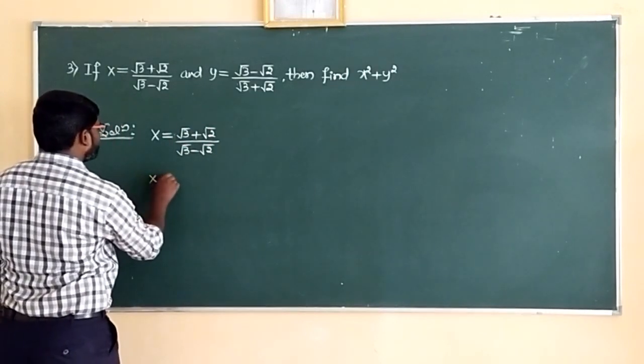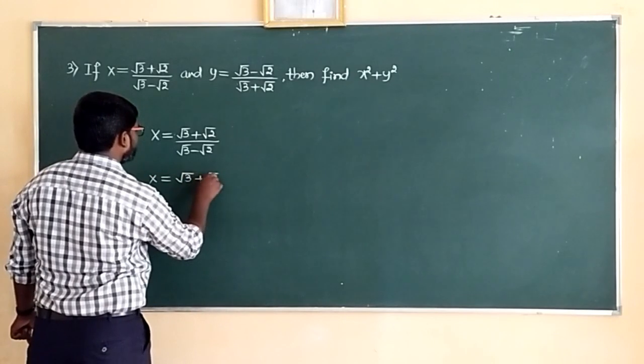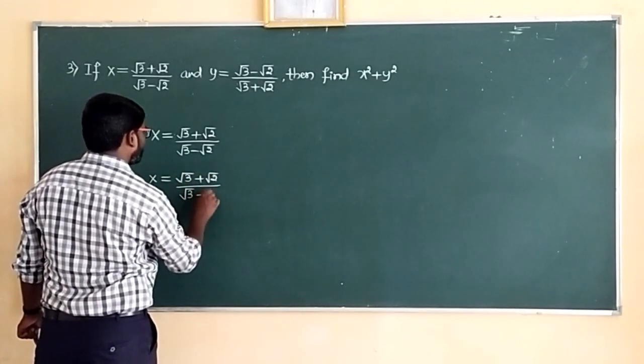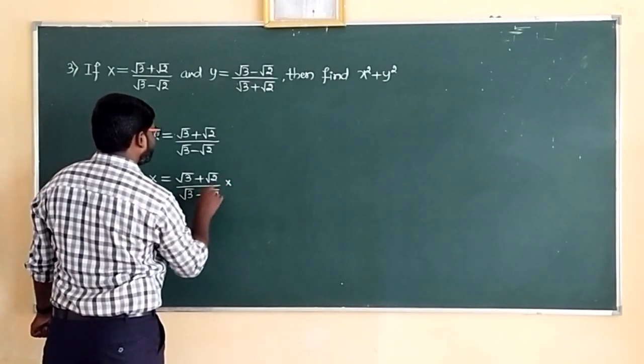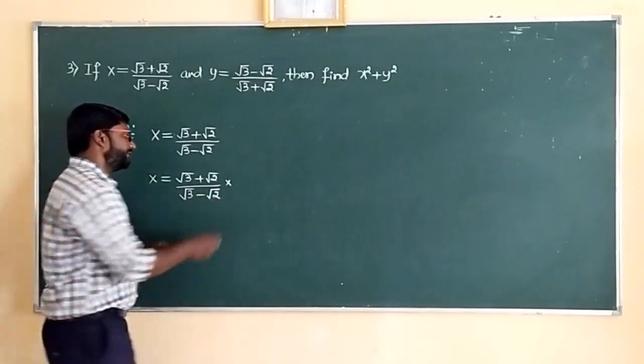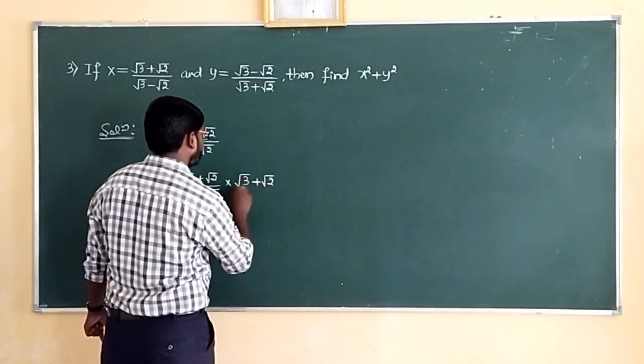We have to go for the rationalization here. Multiply and divide by the opposite sign of the denominator, so we multiply and divide by root 3 plus root 2.